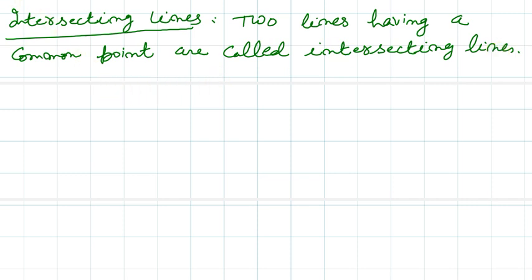So how will we draw intersecting lines? If I draw this line and this line, both have a common point, that is O, right? Suppose this is CD, this is AB.